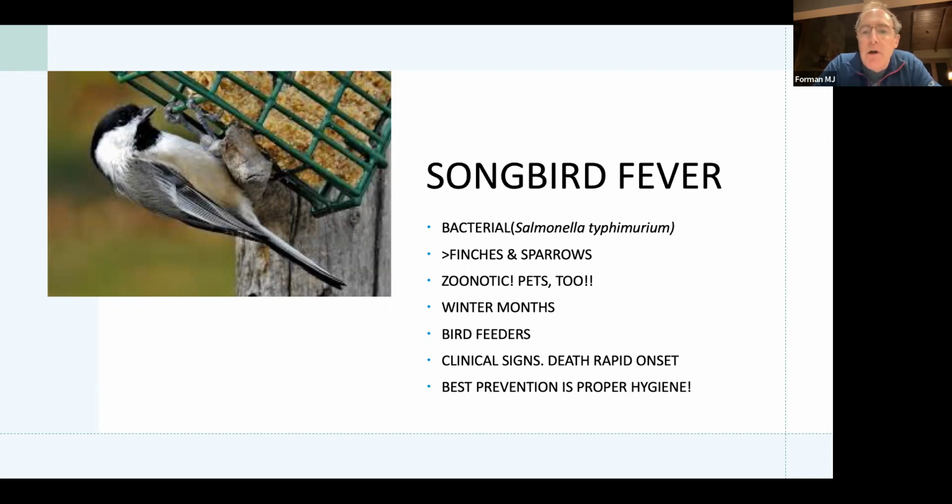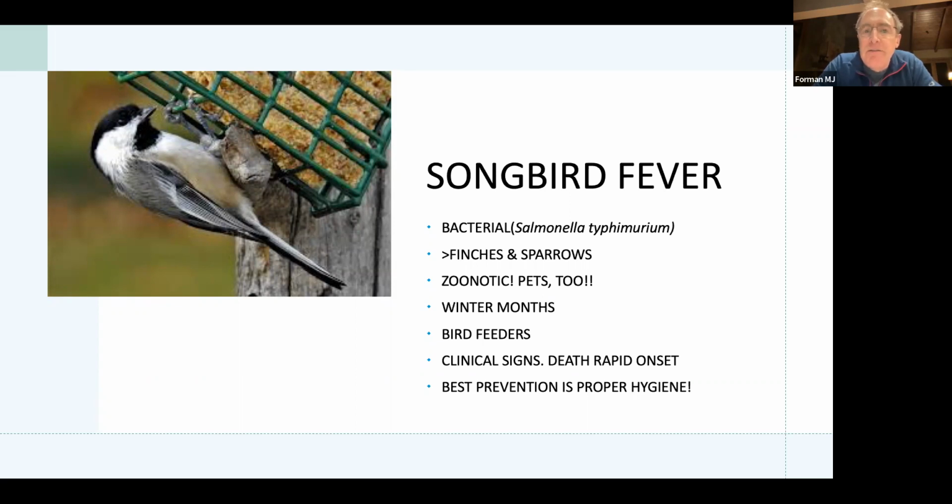So you can understand that the risk for transmission is really pretty high. The problem with songbird fever as well is the presentation of clinical signs. We may have birds that present with ruffled feathers, or just depression where they're not moving as well. They may act like they're having some neurologic issues where they're very wobbly. They may be, as we call in veterinary medicine, NDRs or ADRs, meaning not doing right or ain't doing right.